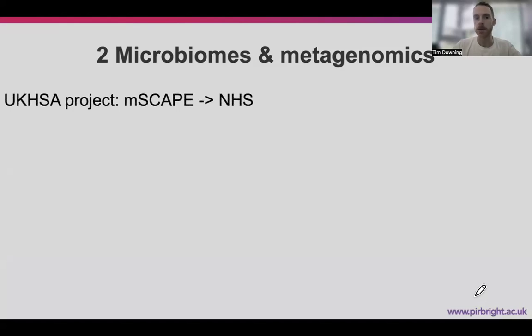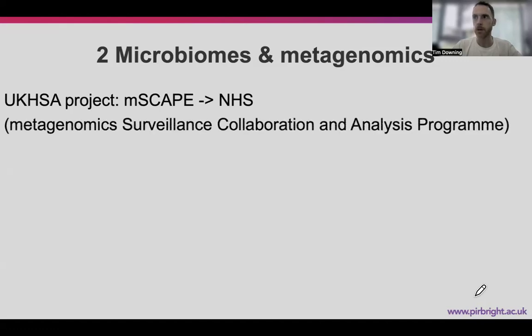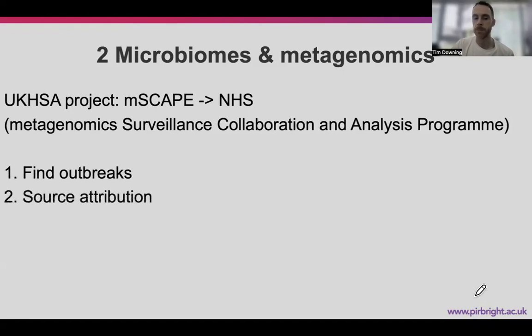So an example of this is the UKHSA are moving towards metagenomics approaches, at least a trial of metagenomic approaches for NHS work, to accelerate pathogen analyses from a genome perspective, and in a less biased but also more rapid manner.